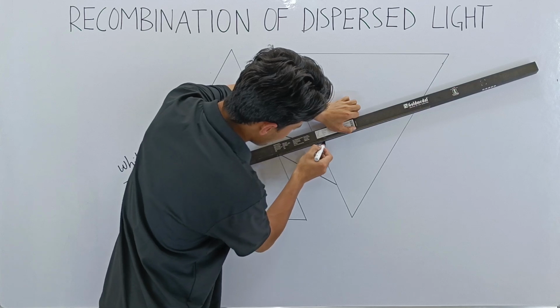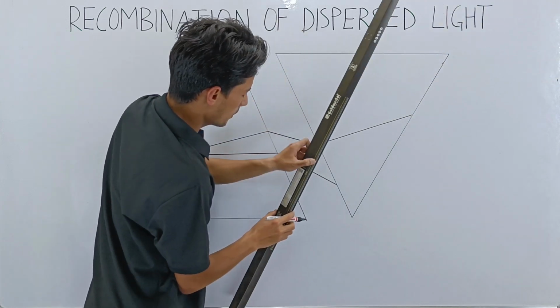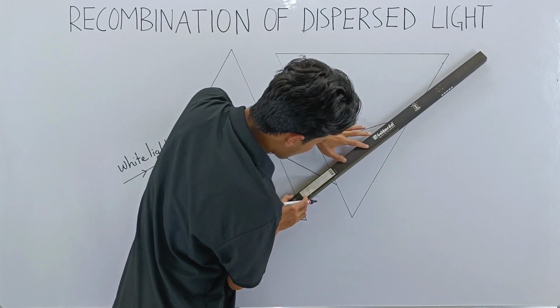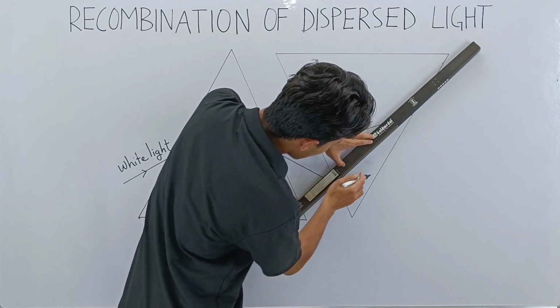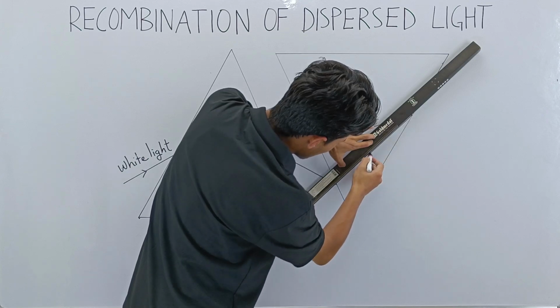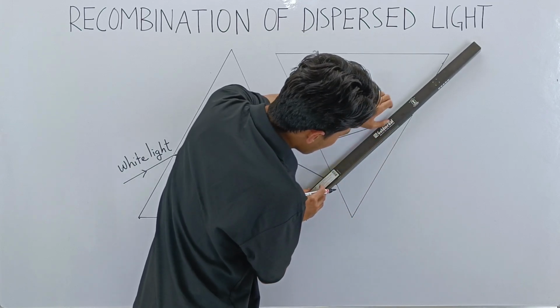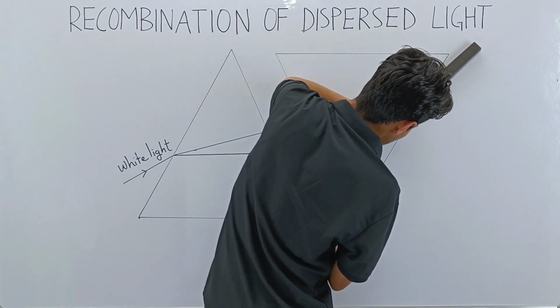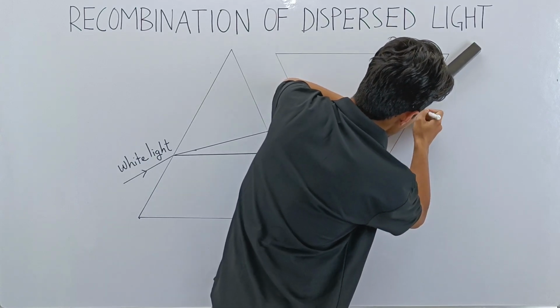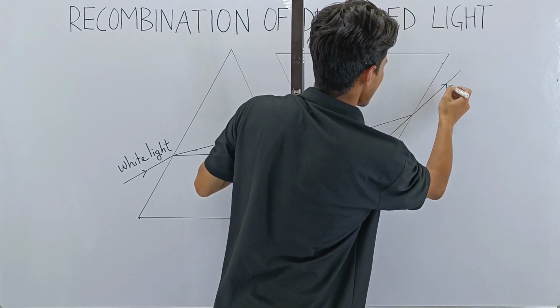So the ray will not go straight, but it will bend. Then this ray will also bend, and finally the ray will emerge out like this. So this is the emergent ray.